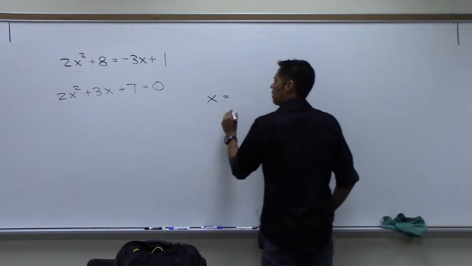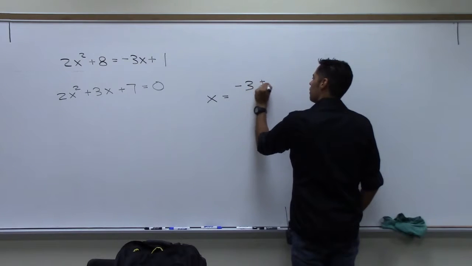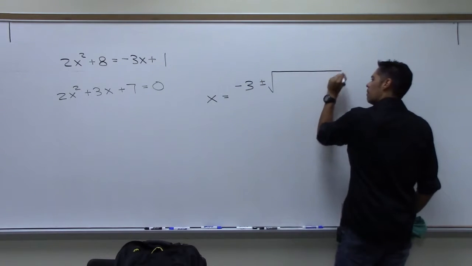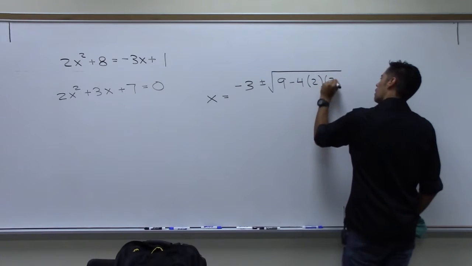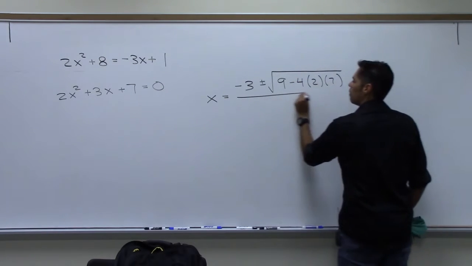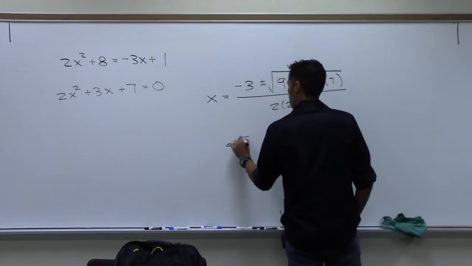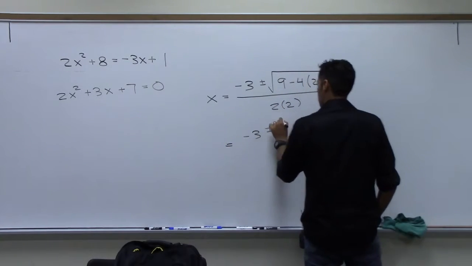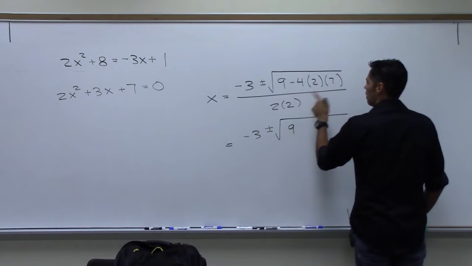So I did x equals negative 3 plus minus square root 9 minus 4 times 2 times 7 over 2 times 2. That's right. And then I got x equals negative 3 plus minus square root 9 minus 56 over 4.